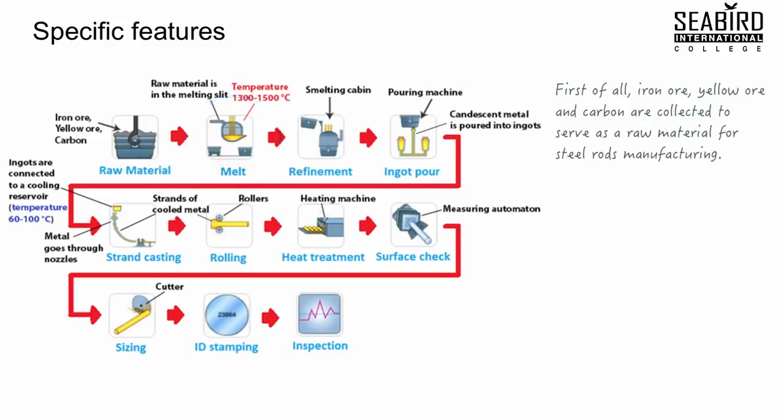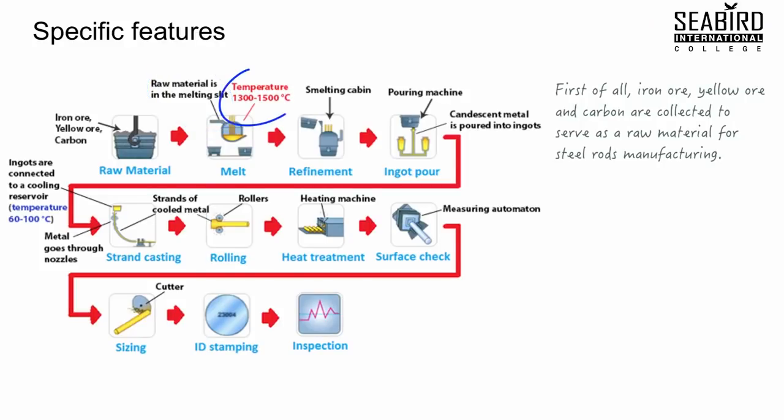If you don't know what melt means, it's totally okay. Diagrams often picture information with quite unusual names that may be unfamiliar to you. But you should not worry about that. Your task is to focus on the description, using all those strange names and additional information. We can see that the picture illustrates a container with a white hot metal. One arrow points to the container, saying, "Raw material is in the melting slit."